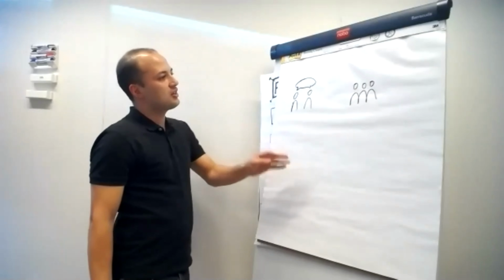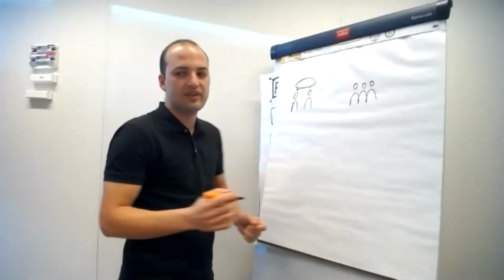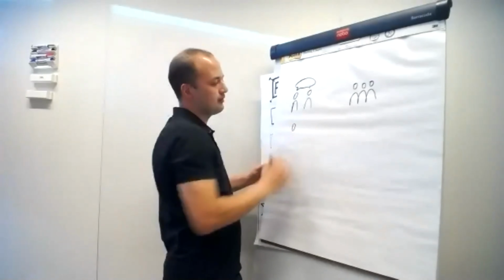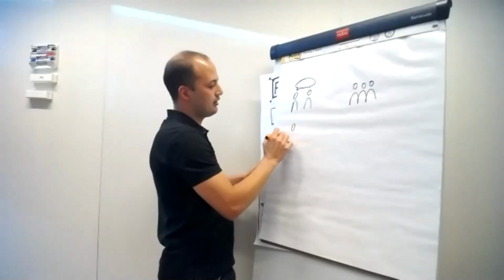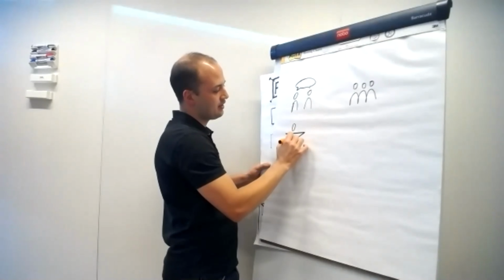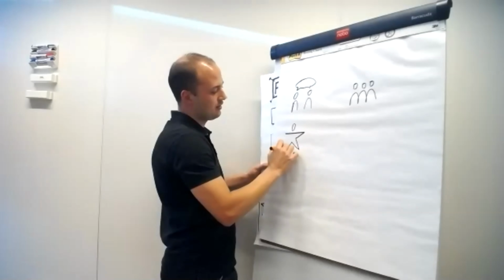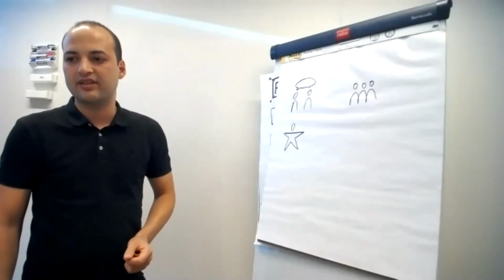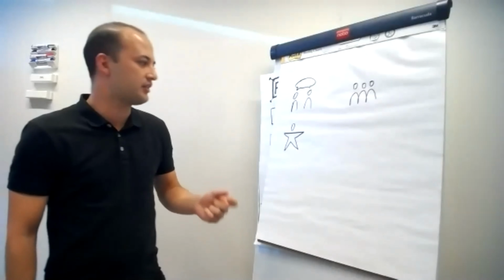And there is another one which is also basic, which is the star technique. You have the head, and then all the body and arms and legs will look like a star, just like that. Then I have a person. If you want to draw a group, then three persons here, and then the star will be a bit different.